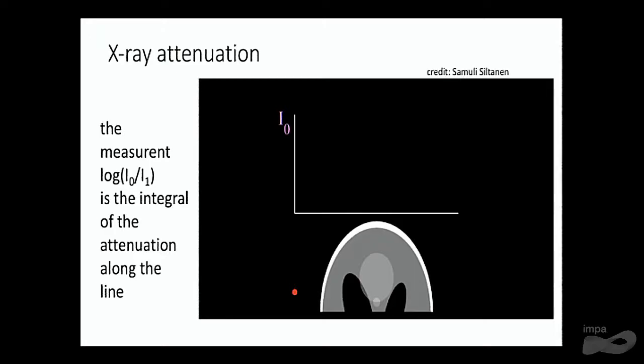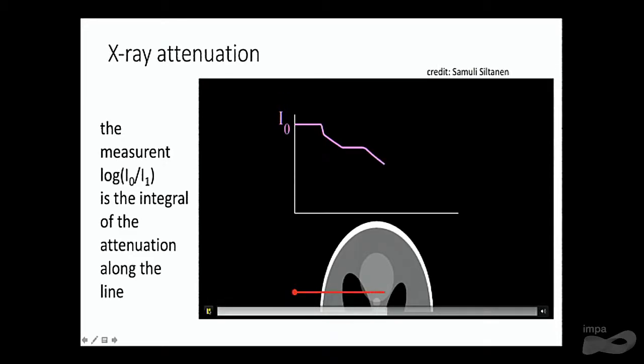So in order to understand attenuation, essentially, you have an X-ray, which is an electromagnetic wave, crossing the body. This is a figure of Samuli Siltanen, courtesy of Samuli.